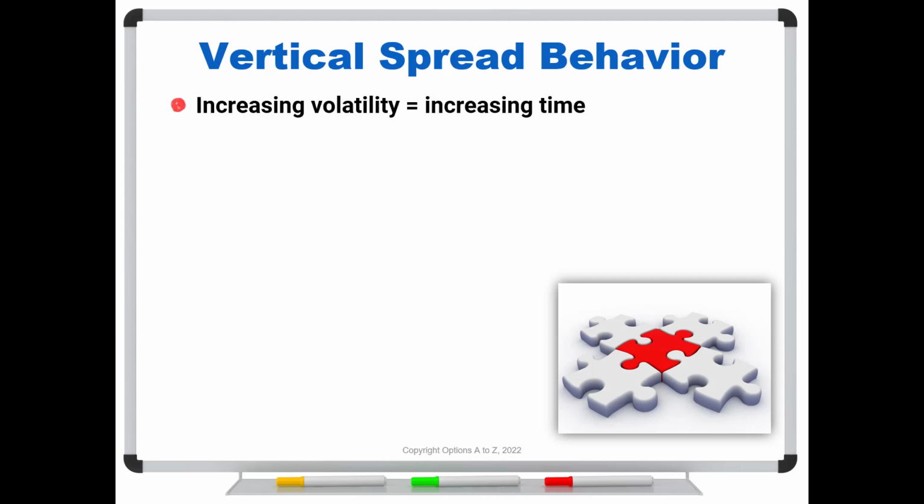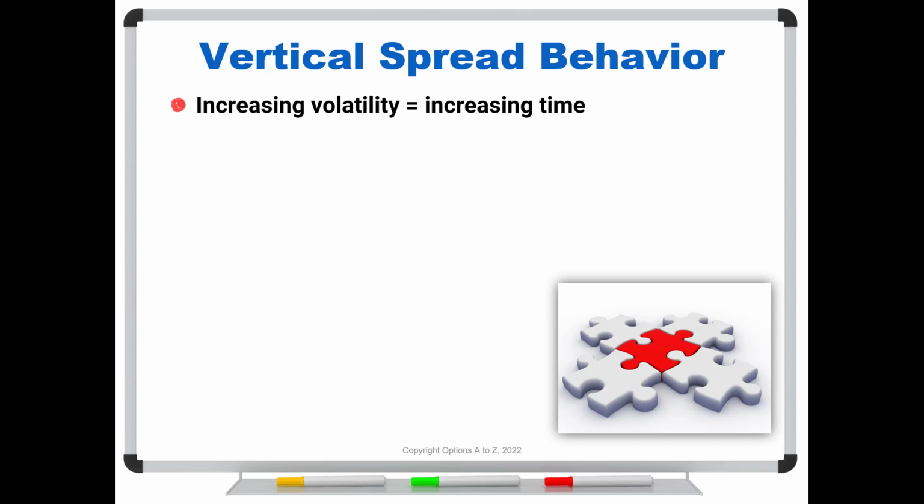So just understand that increasing volatility is synonymous with increasing time. They won't change your option prices to the same degree, but they move the prices in the same direction and for roughly the same reason. In other words, if you increase volatility, you are giving the stock more chances to get to a higher price.